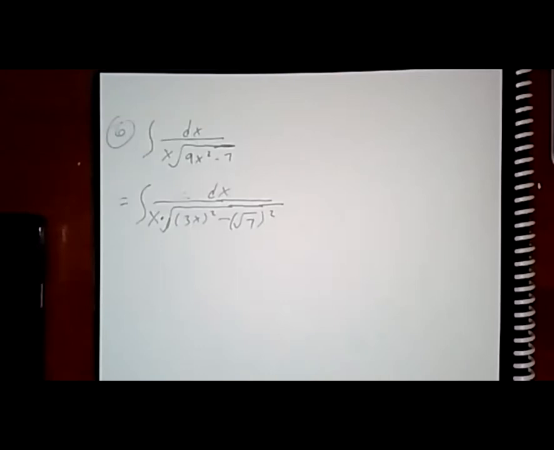Okay, so it looks like secant. Look on your sheet. Where is it? Did they not put secant in here? That's weird.